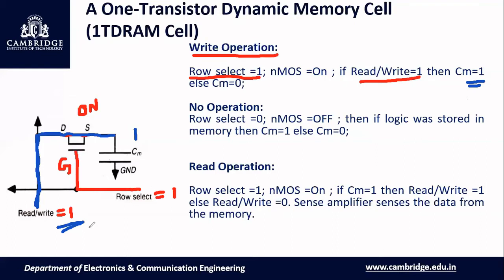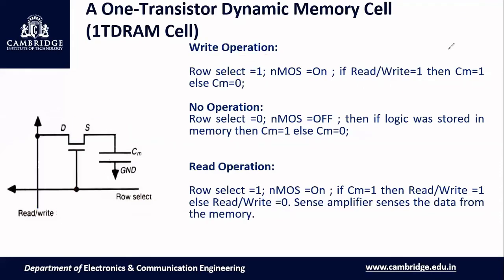If you have read or write as 0, 0 will be passed and this capacitor will be holding 0. In this way, we can perform write operation. Whatever data you have in read or write line will be sent via this transistor. Very simple.